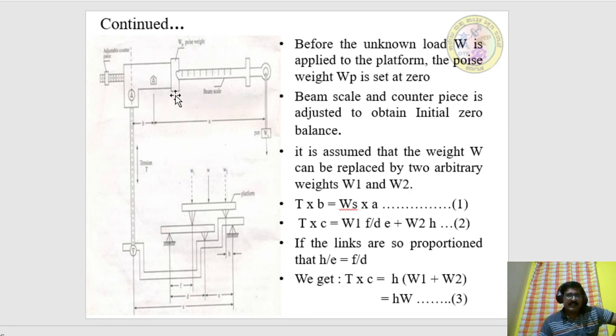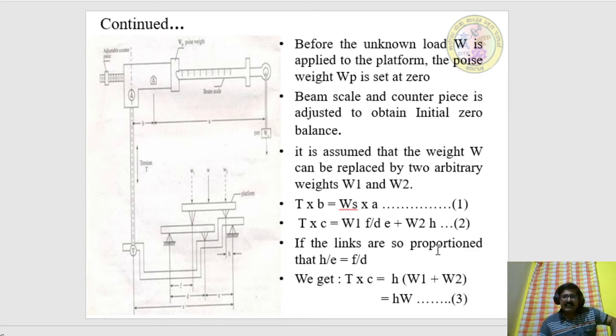It is assumed that the weight W can be replaced by two arbitrary weights W1 and W2. Then with the help of the moment equation, T into C is equal to W1 into F divided by D into E plus W2 into H. I'll call this equation 2.